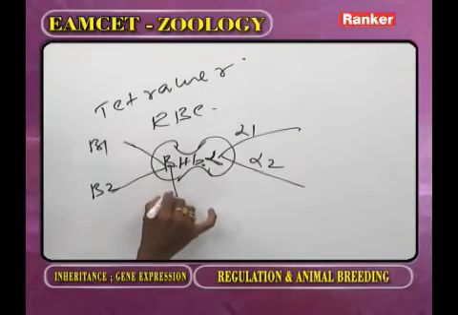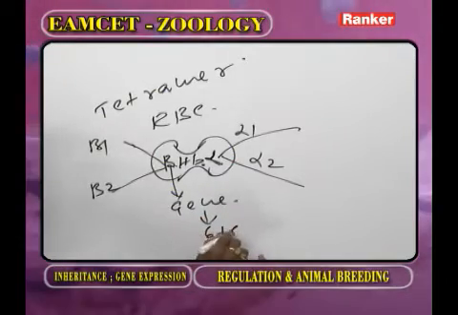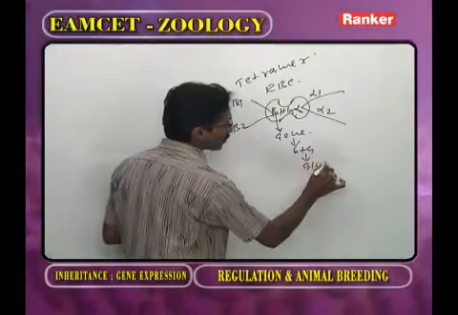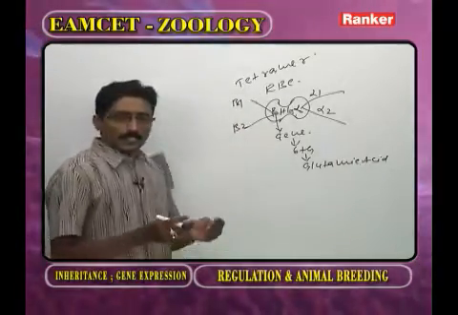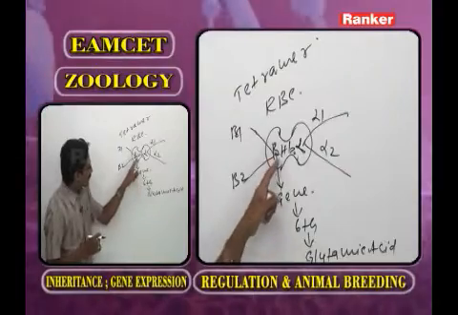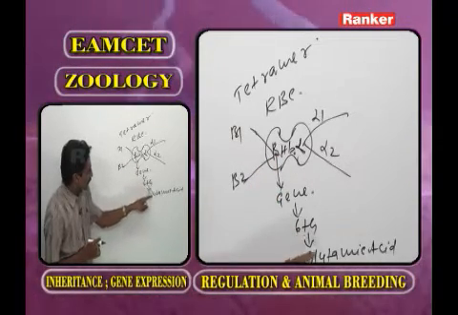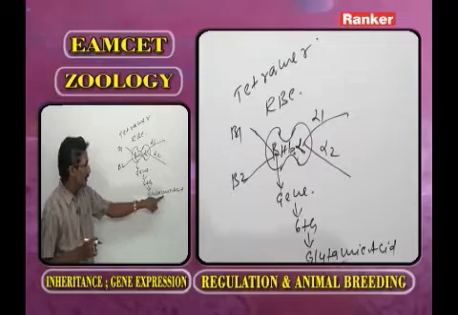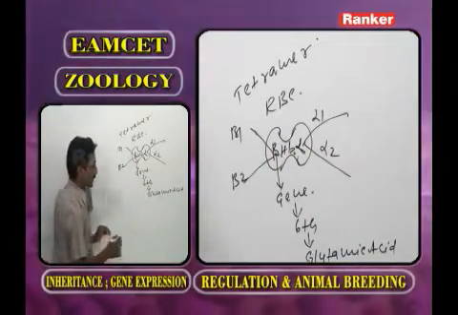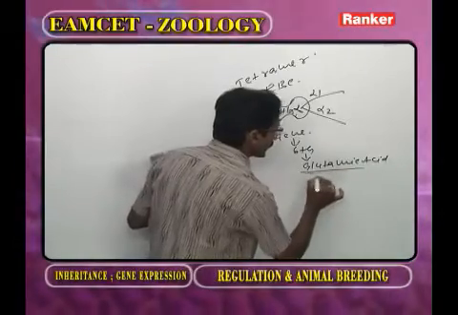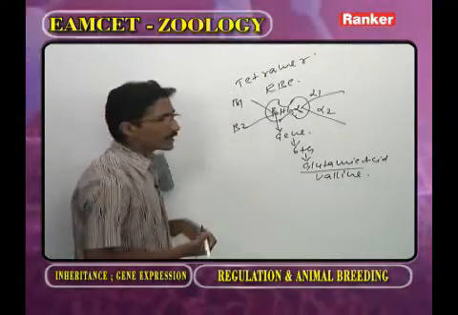Now RBC shape is circular and biconcave. Now as we observe the beta gene, in this gene, in the 6th place, what is present? Glutamic acid. Okay, in all human beings' body, in the hemoglobin, in the beta gene, at 6th place glutamic acid is present, so that the RBC is biconcave and circular. If this glutamic acid is replaced by valine, what is going to happen?